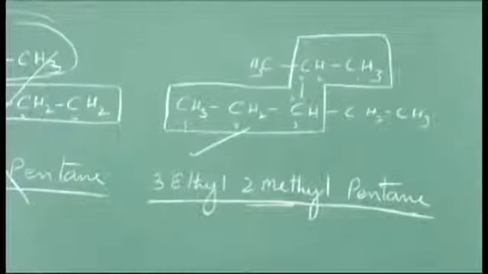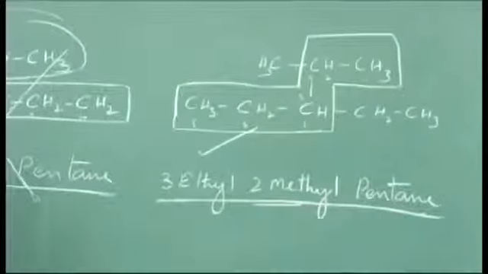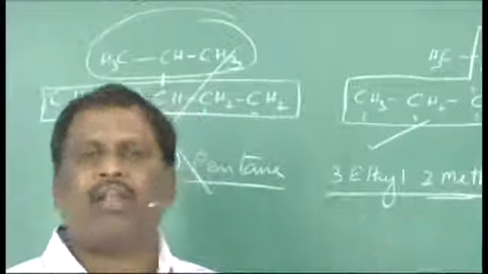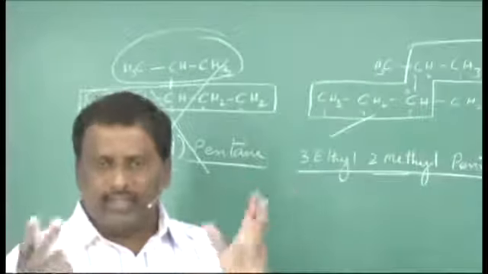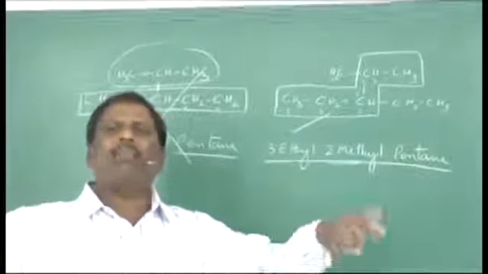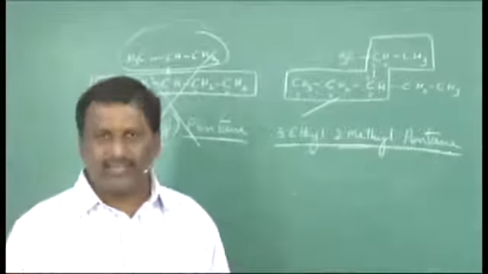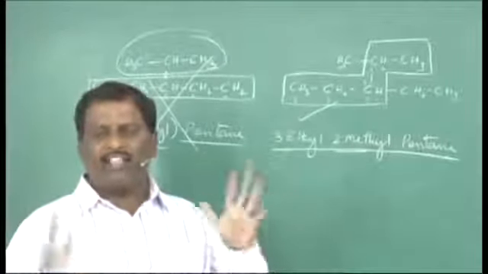So remember, while selecting a main chain, if a compound has two possible main chains with the same number of carbon atoms, out of those two possibilities, the chain with the maximum number of side chains should be taken as the main chain. You should count the number of side chains.